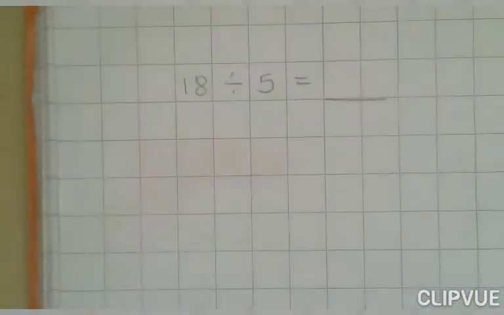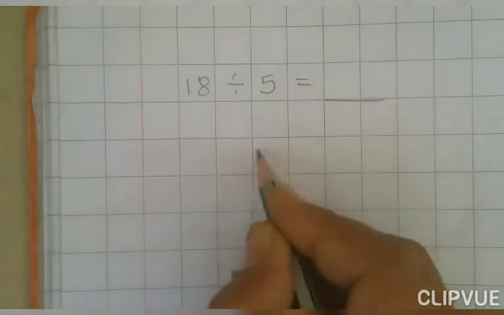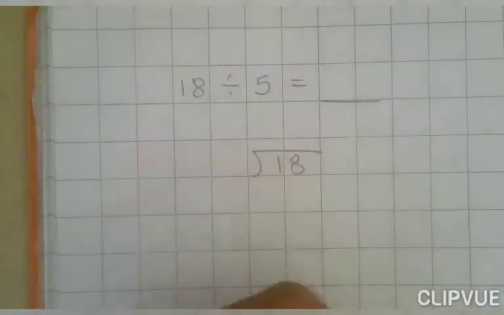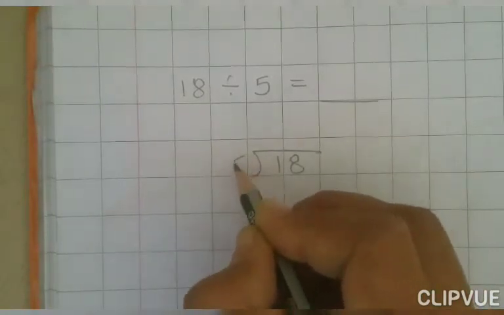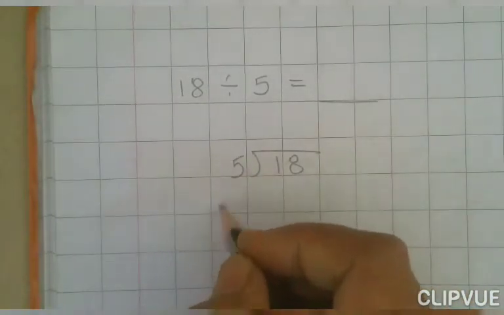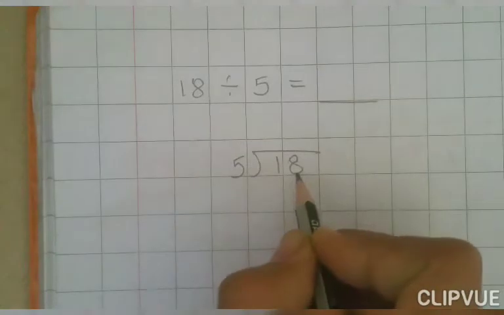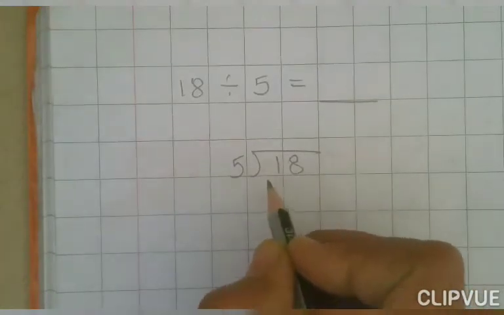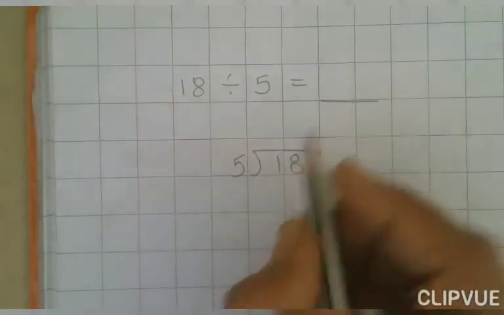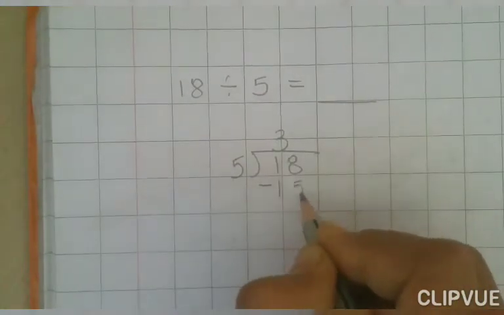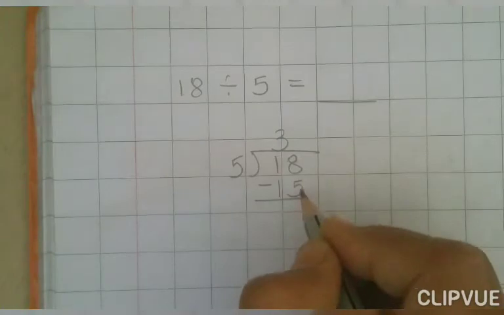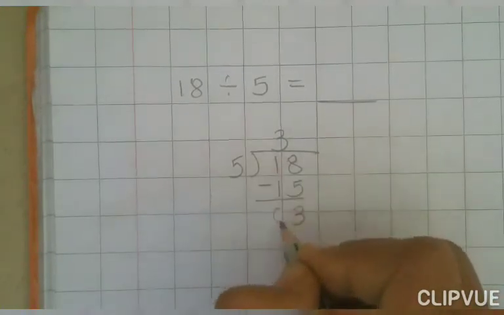Here you have to see that 18 is the dividend, so write it inside, and we have to divide, and the 5 is outside, it is the divisor. Now in the table of 5, 18 is not there but the nearest smaller number is there, it is 15, and in the table of 5 at 3 we get 15. Means we have to subtract: 8 minus 5 is 3, and 1 minus 1 is 0.